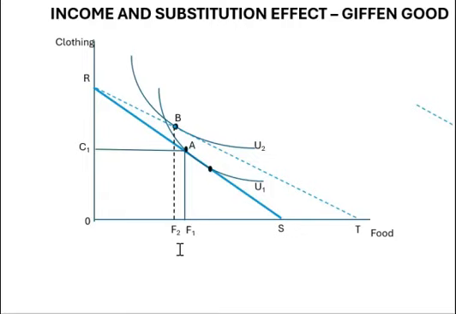What about the substitution effect? Remember that a decrease in the price of food will lead to an increase in the consumption of food, but with the level of utility held constant at indifference curve U1. So we draw a budget line that is parallel to RT and tangent to U1.